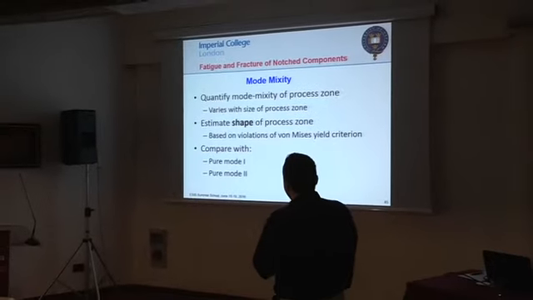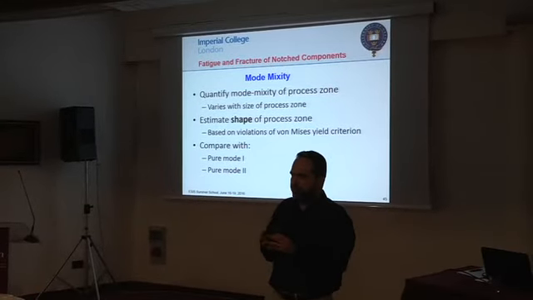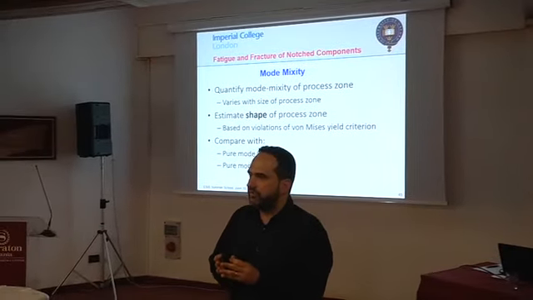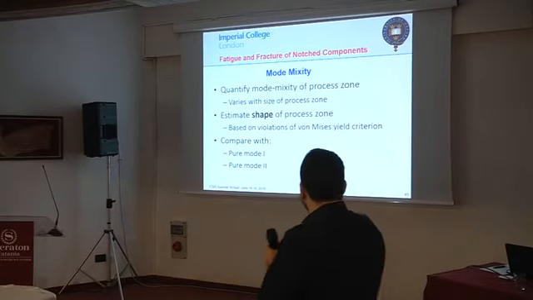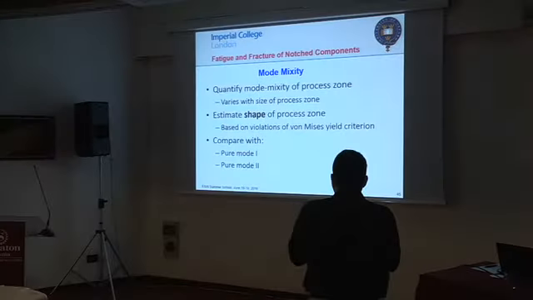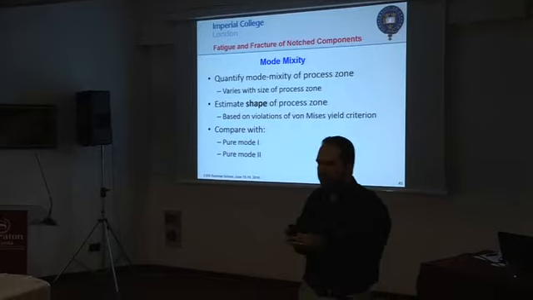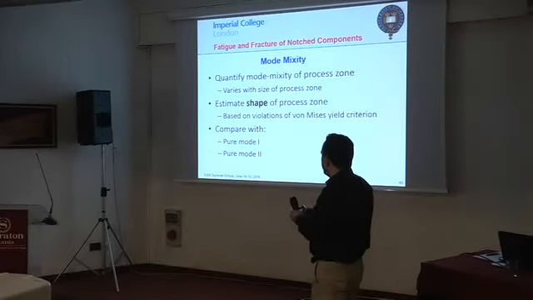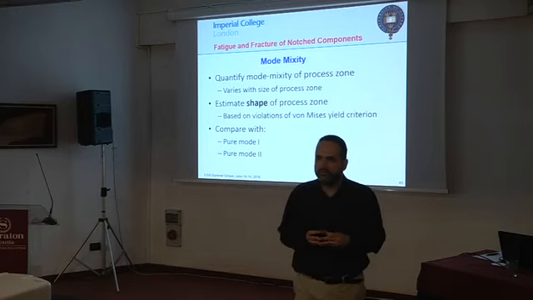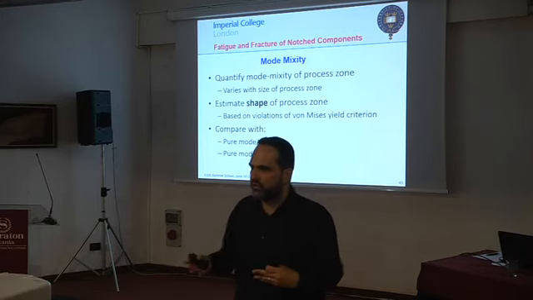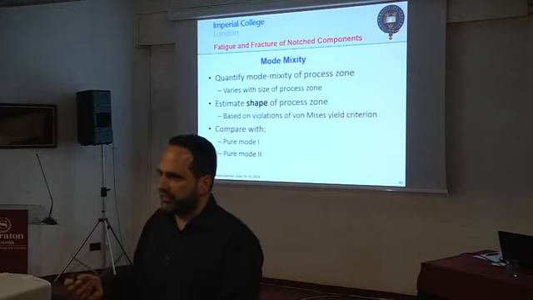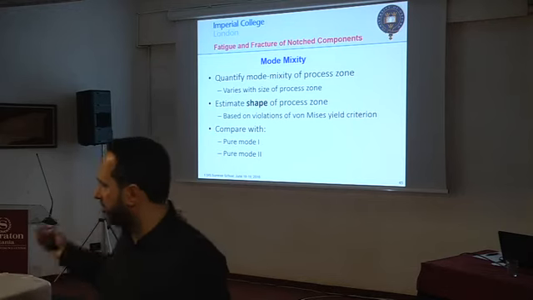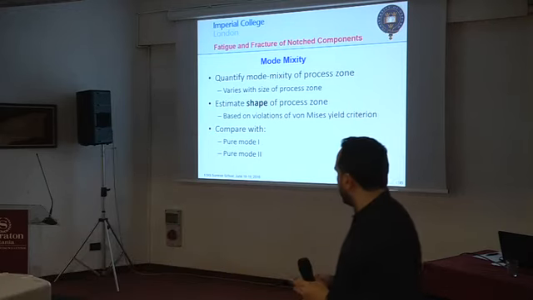We want to estimate the shape of the process zone depending on the angle of the notch, and we do that based on simple violation of the von Mises criterion. But we also want to look at when we are in pure mode 1 and pure mode 2. Because, as I said before, one of the big issues is, if I apply a load to a certain specimen, how do I know if I'm in mode 1, mode 2, or mixed? And that's what we did.